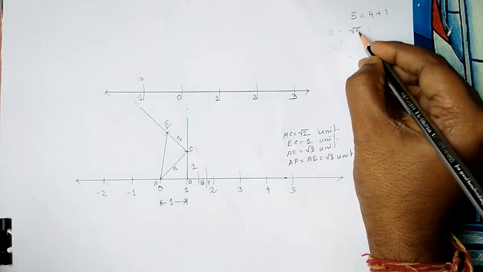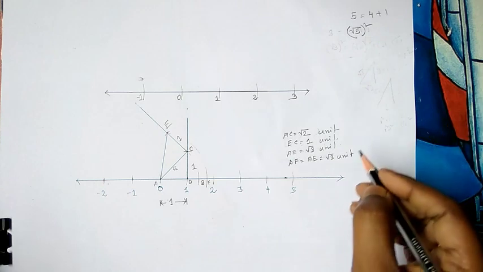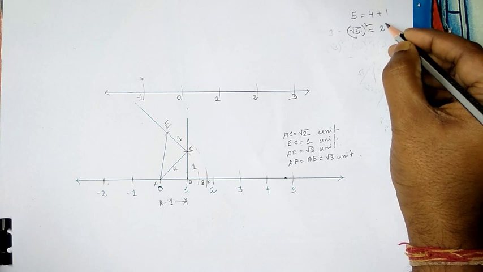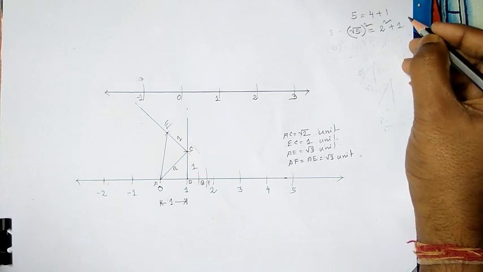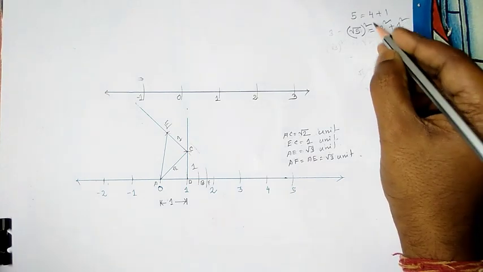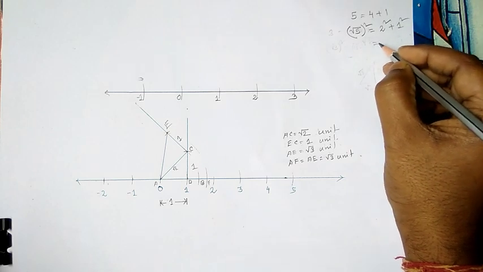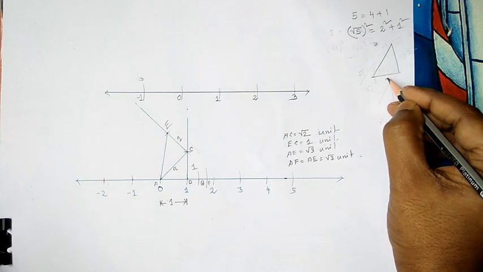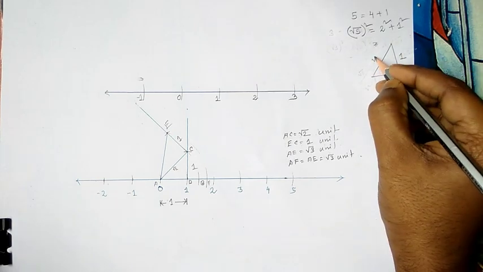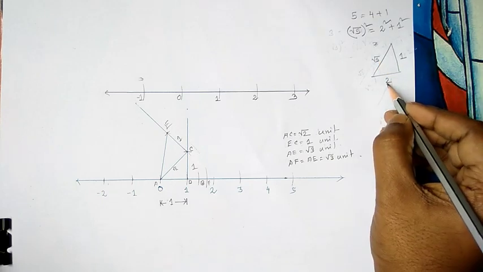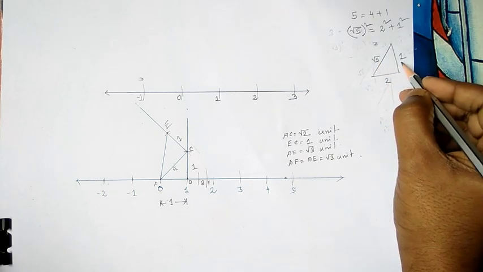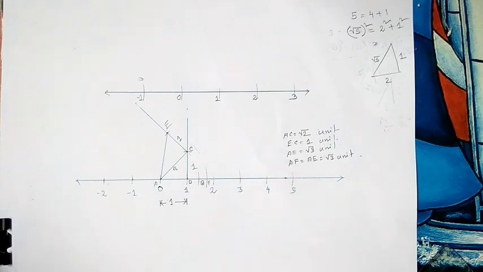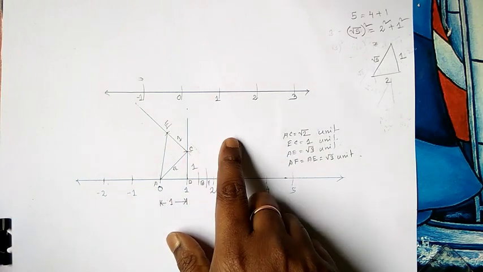So you can write root 5 whole square equals to 2 square plus 1 square. So your figure will be like this. This one 2, this one 1, and this one root 5. So if you can draw 2 units here and 1 unit here, it's very easy. I am going to show you the figure.